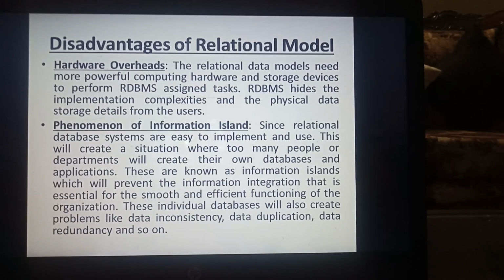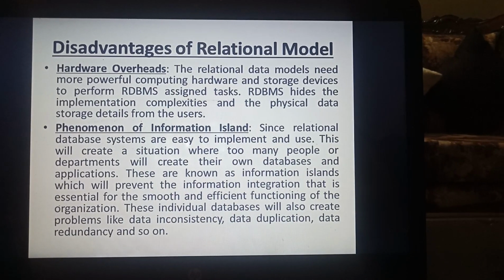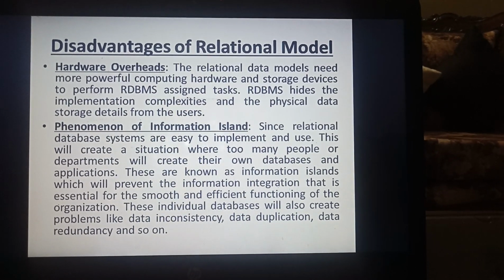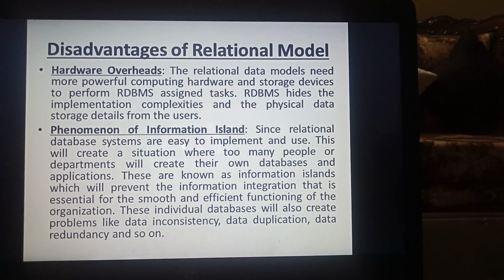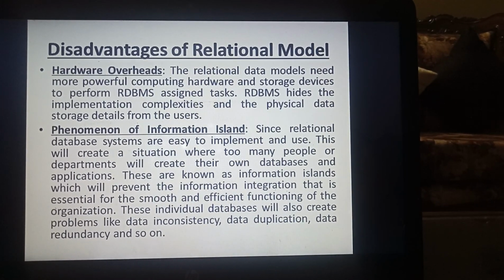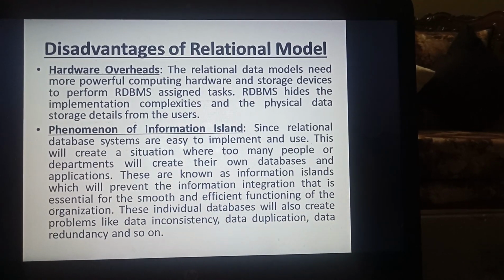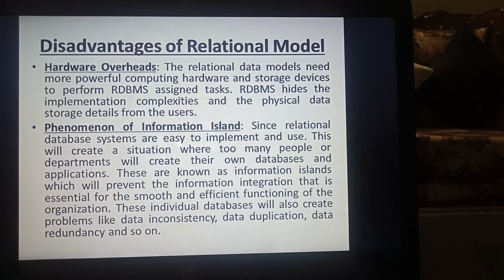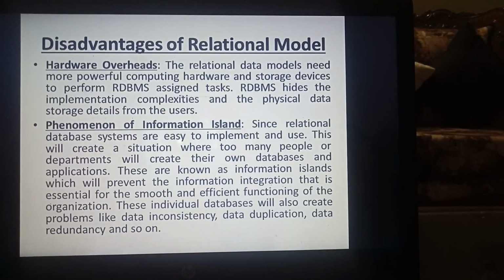Second is the phenomenon of information islands. Now since relational database systems are easy to implement and use, this will create a situation where too many people or departments will create their own databases and applications. Meaning many departments or people will create their own databases.